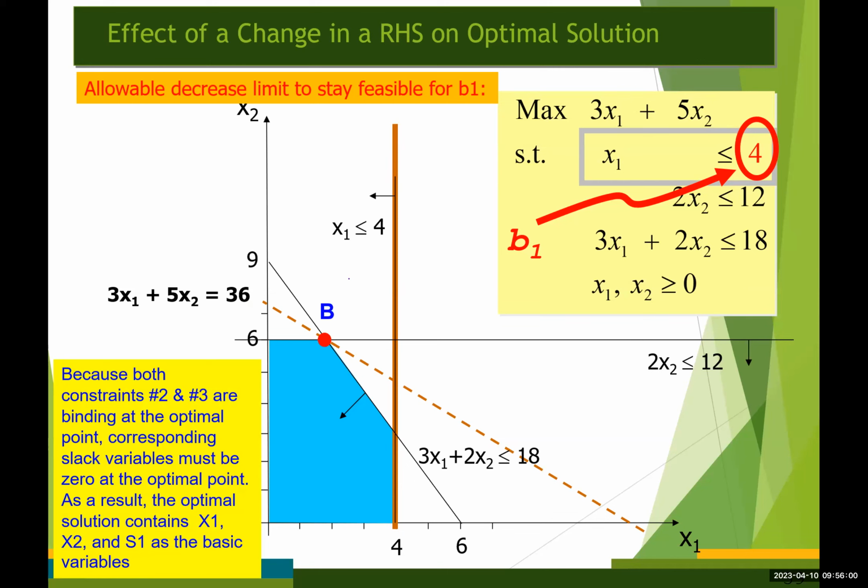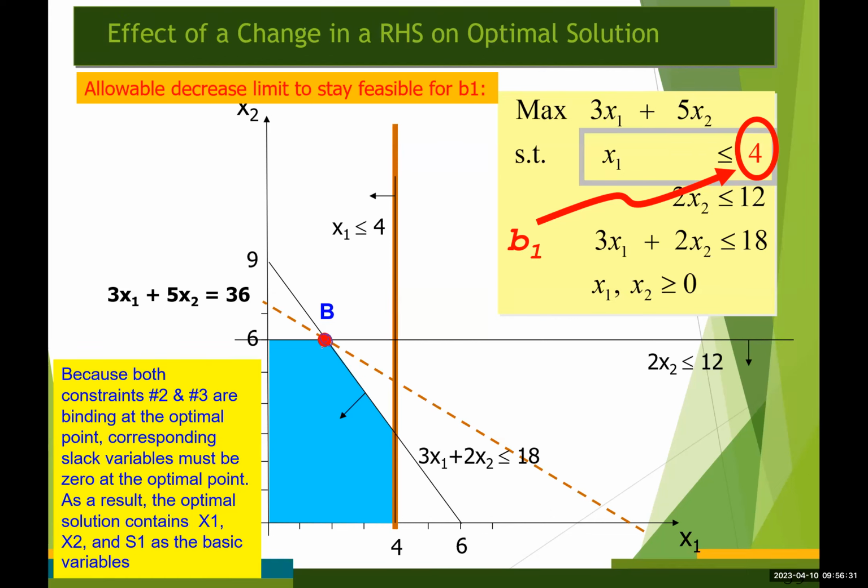So we see that changing the value of B1 shifts the plant number 1 constraint parallel to its current position, right? And we know the current optimal solution, which is point B, is where the plant number 2 and plant number 3 constraints are binding, right?